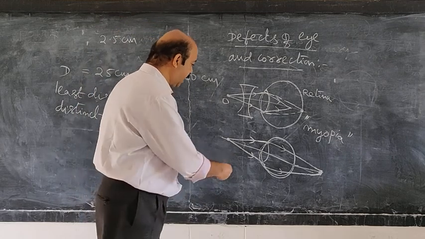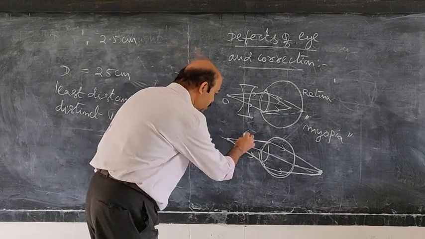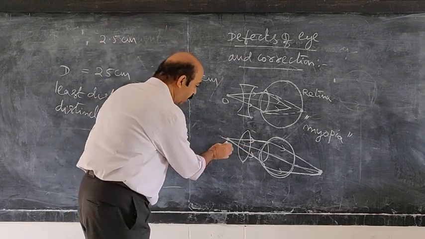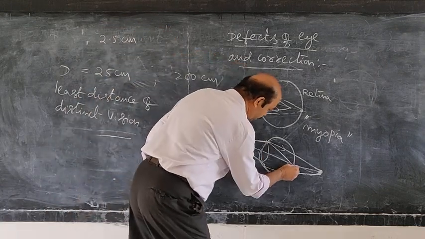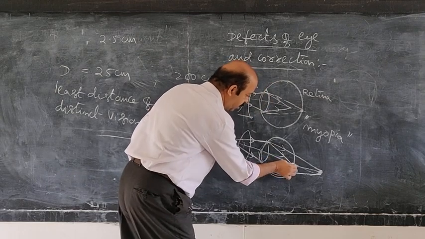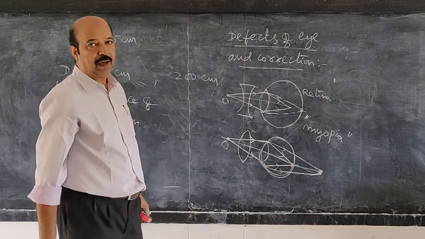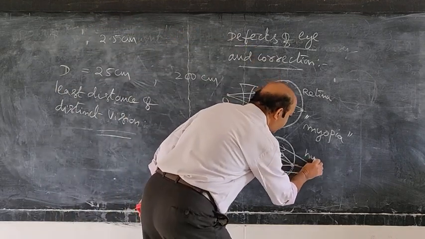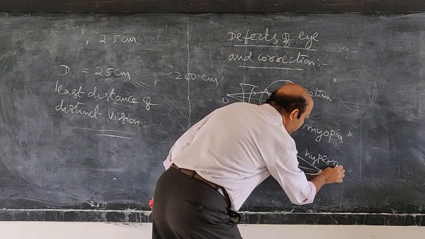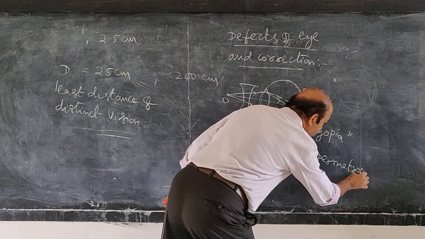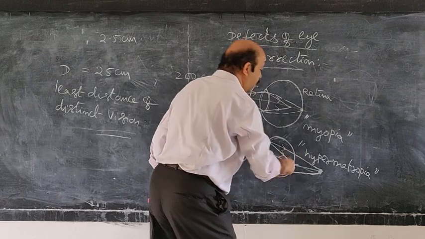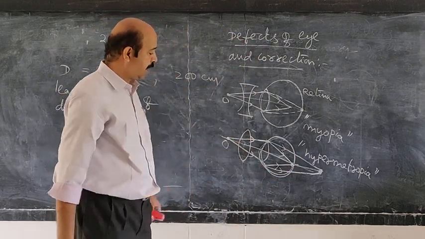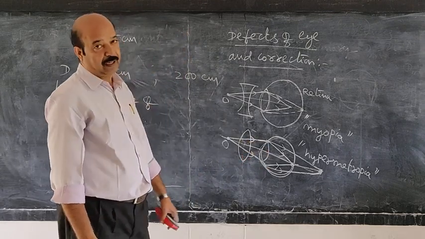To correct this, to decrease the focal length, a suitable convex lens is interposed between the eye lens and the object. So the final image is formed exactly on the retina. This type of defect is called hypermetropia, also known as long sight. Using a suitable convex lens, the defect can be corrected.